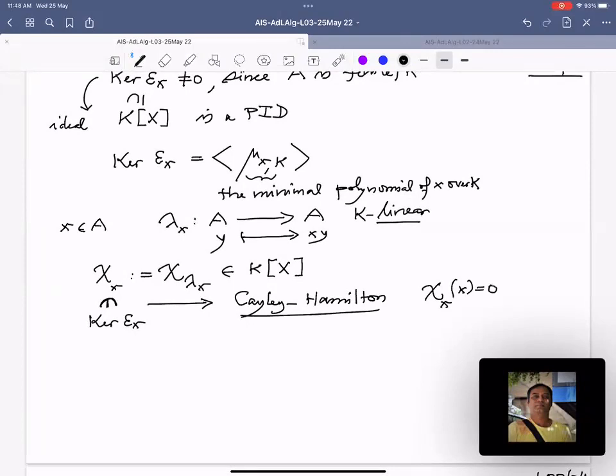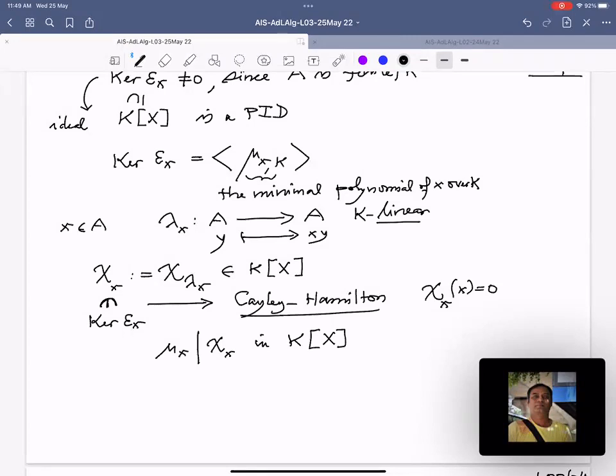But the kernel is generated by mu. So therefore, mu x divides chi x in the polynomial ring. Actually, one can do it better. This is a triviality; it follows immediately from the definition. But one can say a little more about the prime factors of chi x and mu x. But I don't need it, so I will not do it now.